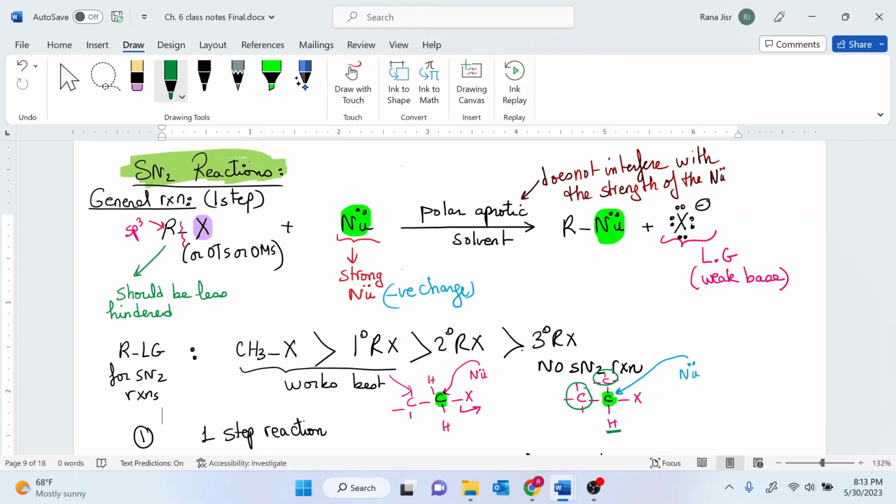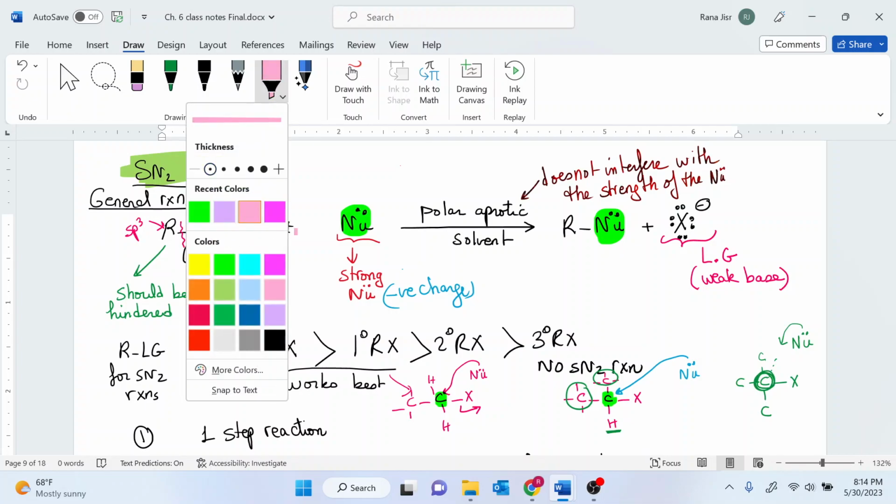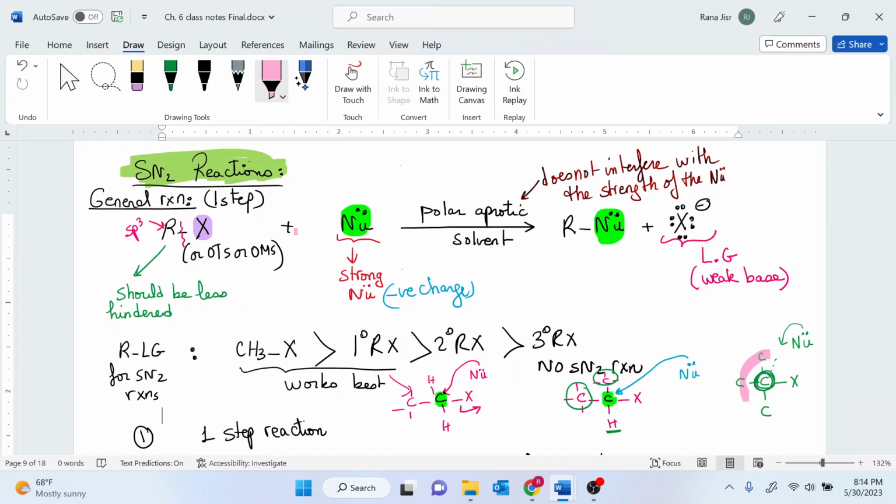For the tertiary alkyl halide, so here you go. This is the tertiary alkyl halide. If the nucleophile wants to come and attack, the nucleophile will not be able to reach this carbon because this carbon is surrounded by carbons, and those carbons are going to hinder the nucleophile from reaching the sp3 hybrid carbon and breaking the sigma bond and allowing the halogen to leave.